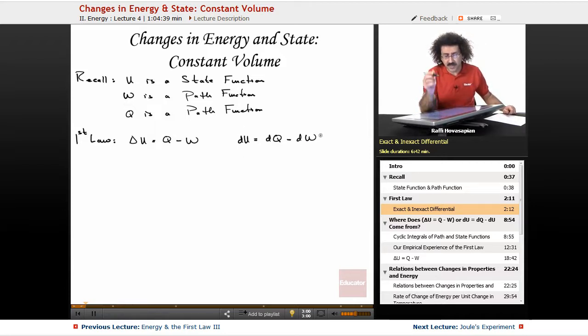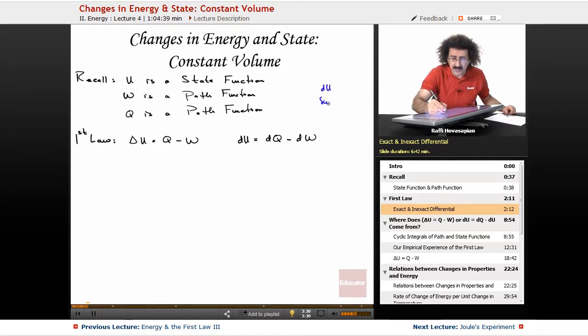Now, a quick word about this. Again, U is a state function. W and Q are path functions. The symbolism that I've used, this d, tends to imply that they're the same. They're not the same. Many books will differentiate notationally a state function and a path function. They'll use this differential notation, the standard one that you're used to, the d, for a state function. And they'll use some variation of that for a path function.